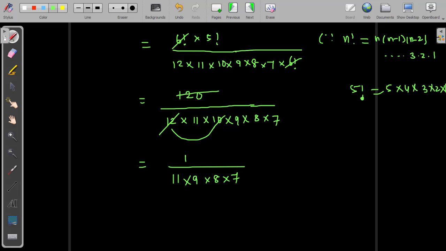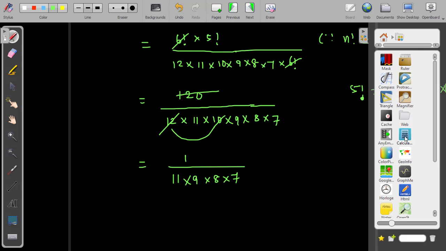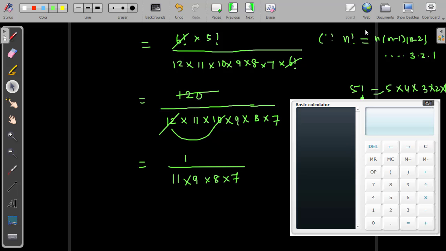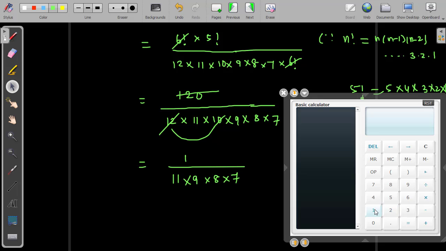We need to multiply, so to make it a quick multiplication, I'm using the virtual calculator. 11 multiplied by 9 is 99, multiplied by 8 times 7, which is 56.